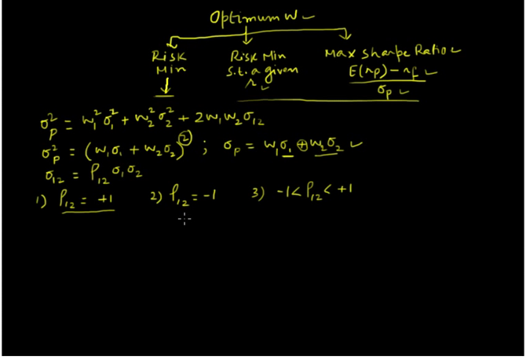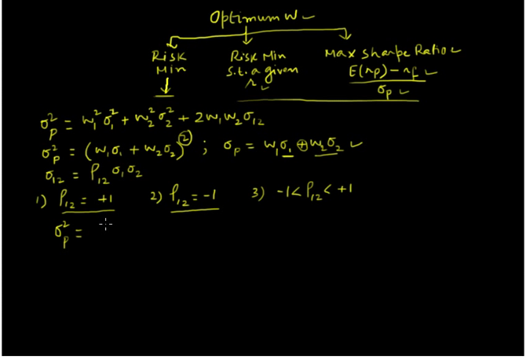What happens when the correlation between the returns of these two assets is perfectly negative, -1? In this case, a perfect hedge is possible. Let us see how. Let us begin by first of all writing the variance of the portfolio in this case.